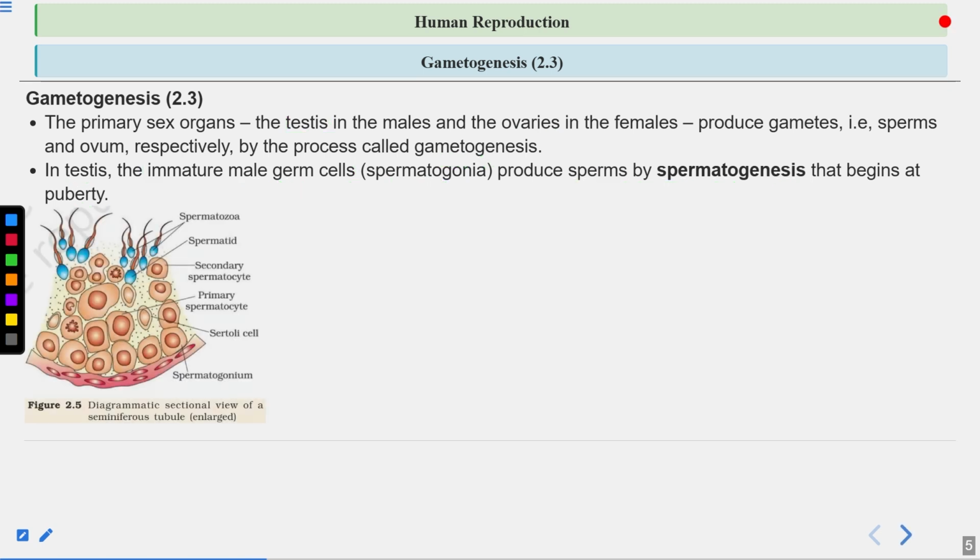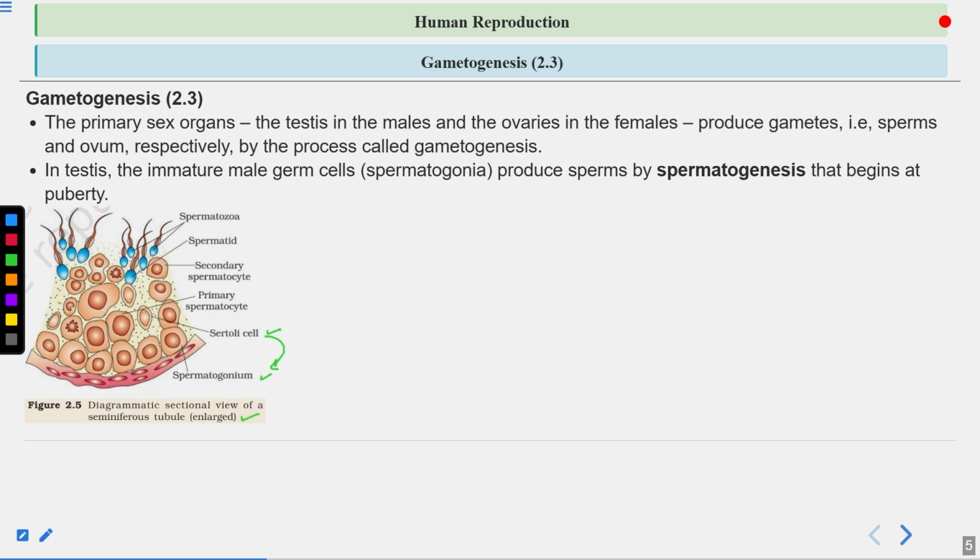Okay, so here is the diagrammatic sectional view of the seminiferous tubule, which is enlarged. You can see the inside of the seminiferous tubule contains spermatogonia and the Sertoli cells. Sertoli cells provide nourishment to these germ cells. On the outer side of the seminiferous tubule, in the interstitial spaces, interstitial cells are present, which are also known as the Leydig cells.